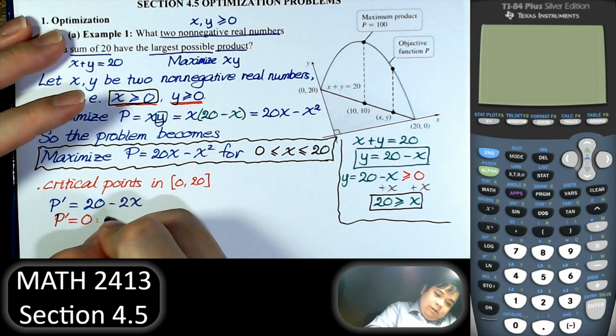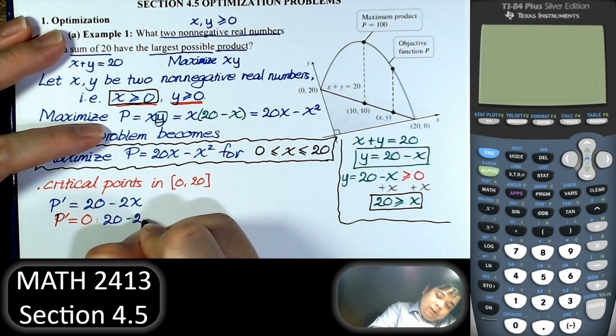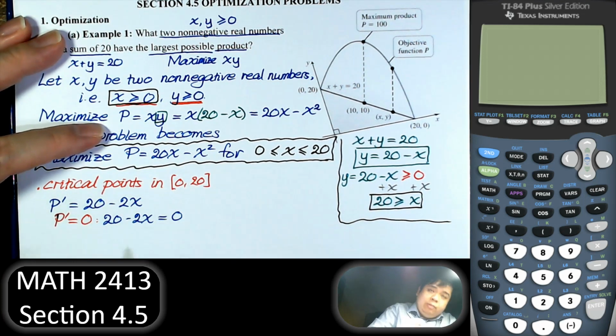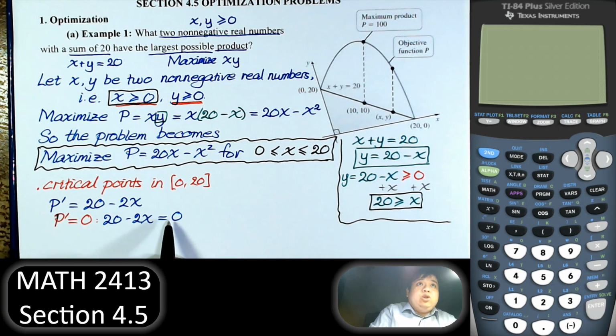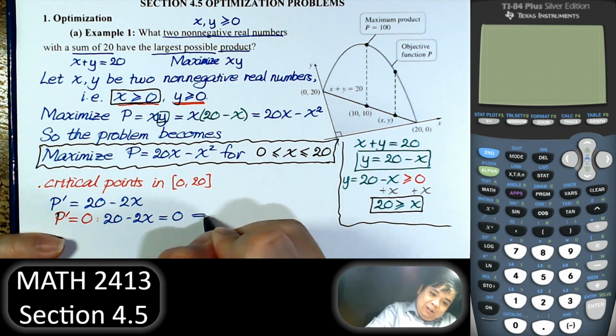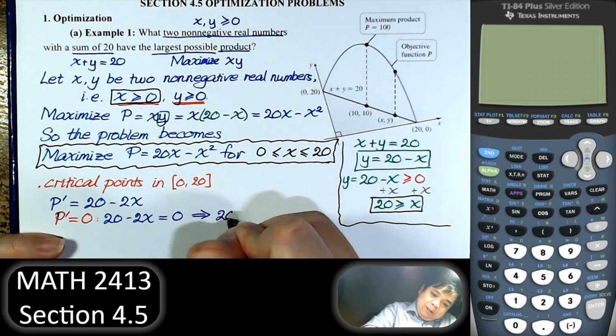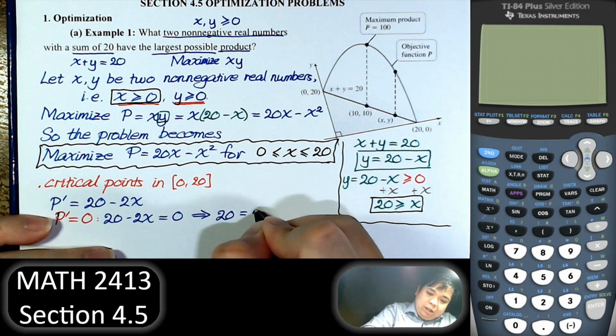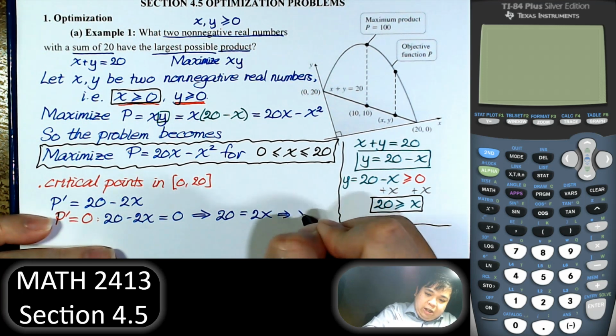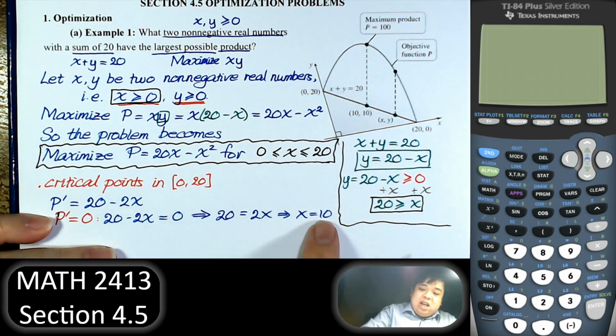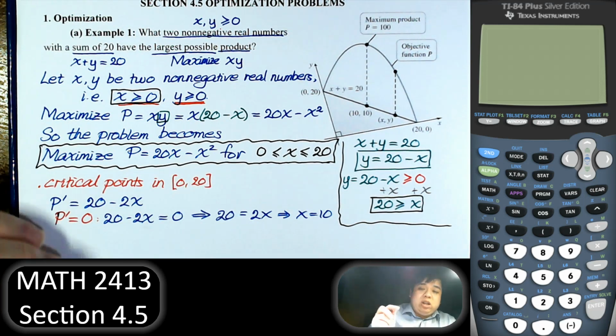Derivative equal to 0: we solve for x, moving the 2x over, 20 equals 2x. So x is equal to 10. And 10 is between 0 and 20, so that's good.